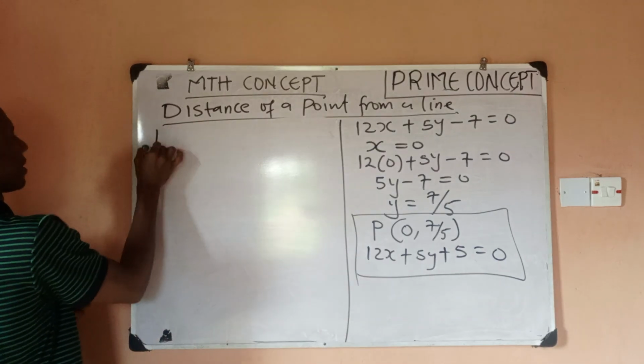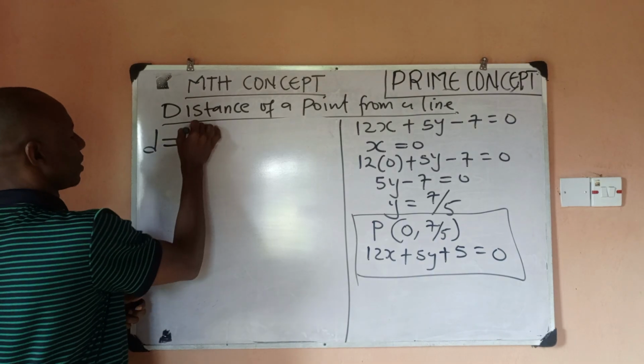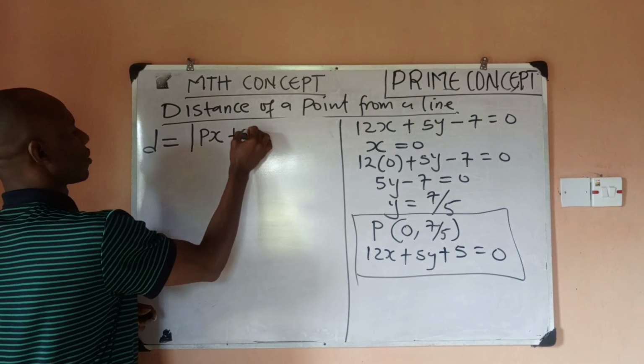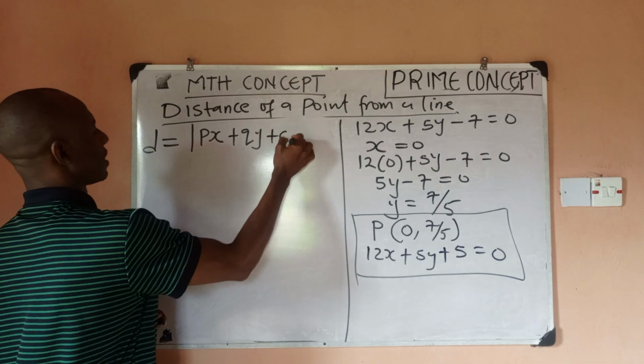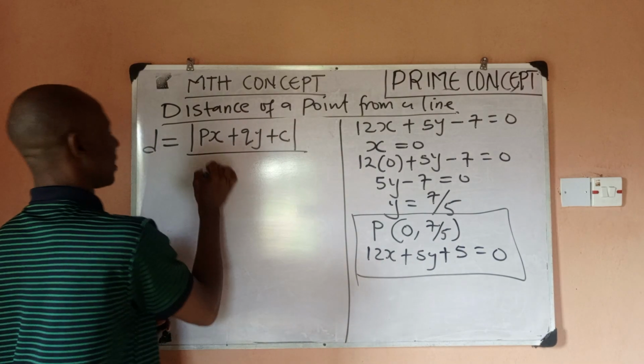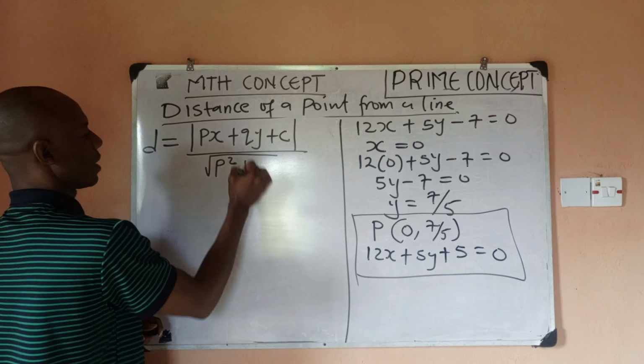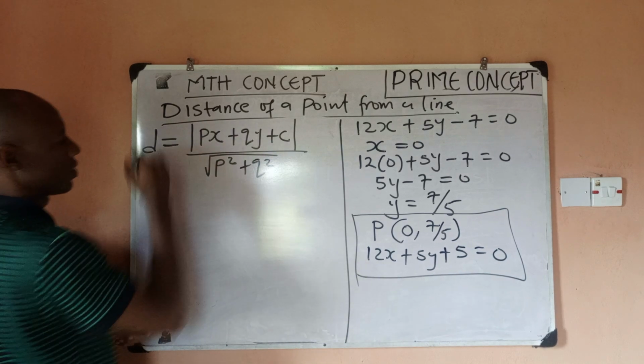The formula is D equals the absolute value, recall, of Px plus Qy plus C, all divided by the square root of P squared, the coefficient of x, plus Q squared, the coefficient of y.